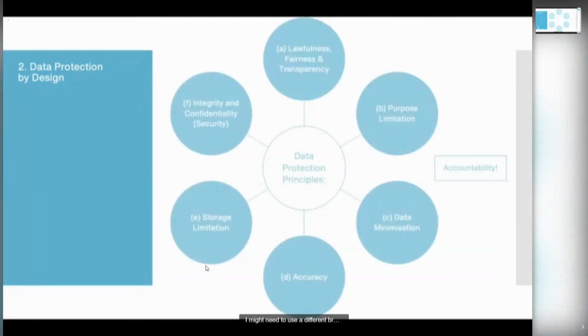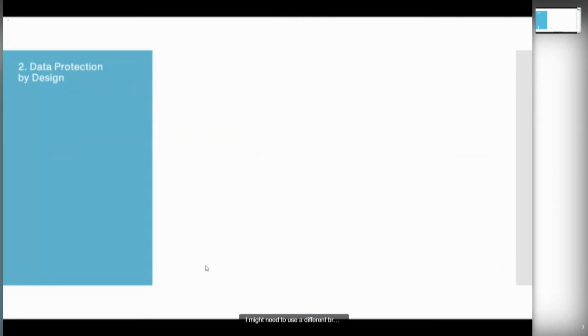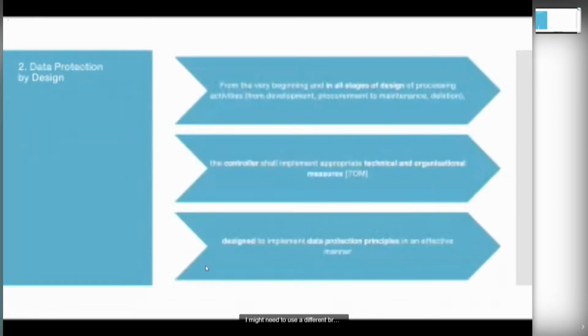You see here on this slide that the controller must not only implement technical measures such as malware detection systems, but also organizational measures, which could be, for instance, providing transparent information to data subjects, training personnel, and more generally having in place an appropriate data protection management system.